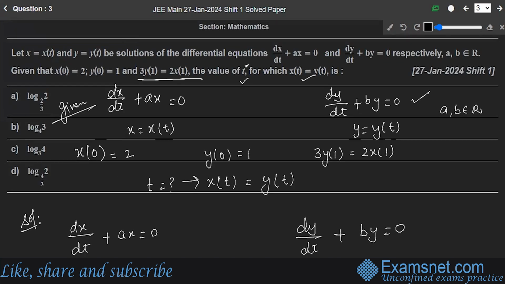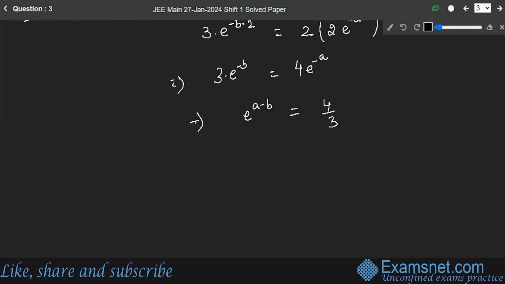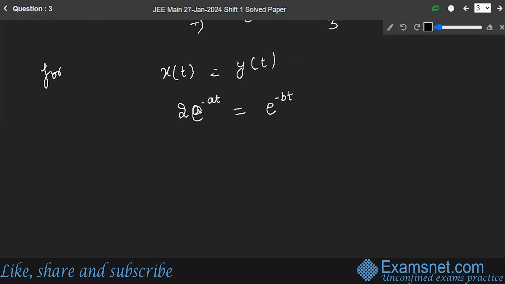Now you have to find out the value of t for which both of them are equal. So for both of them to be equal, what you need is 2 into e raised to power minus at is equal to e raised to power minus bt. So let's concatenate them. You will have e raised to power a minus b into t is equal to 2.